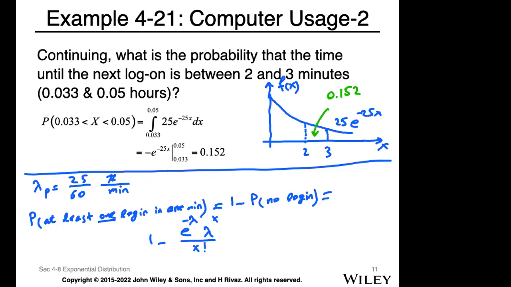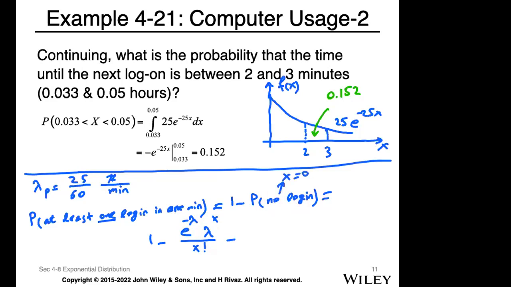Can anybody verify that this is the Poisson distribution? I think this is correct. Yes, this is the Poisson. Here, no login means that my x is 0.